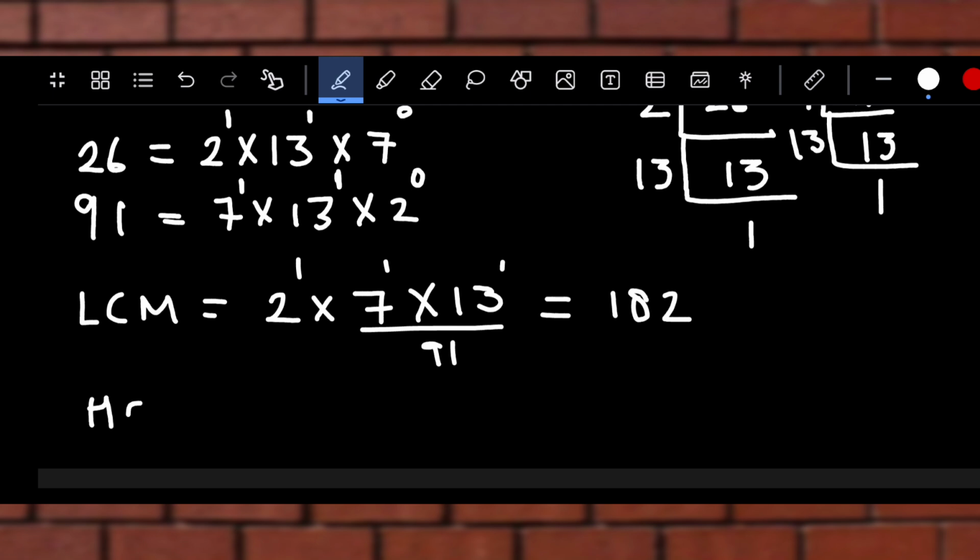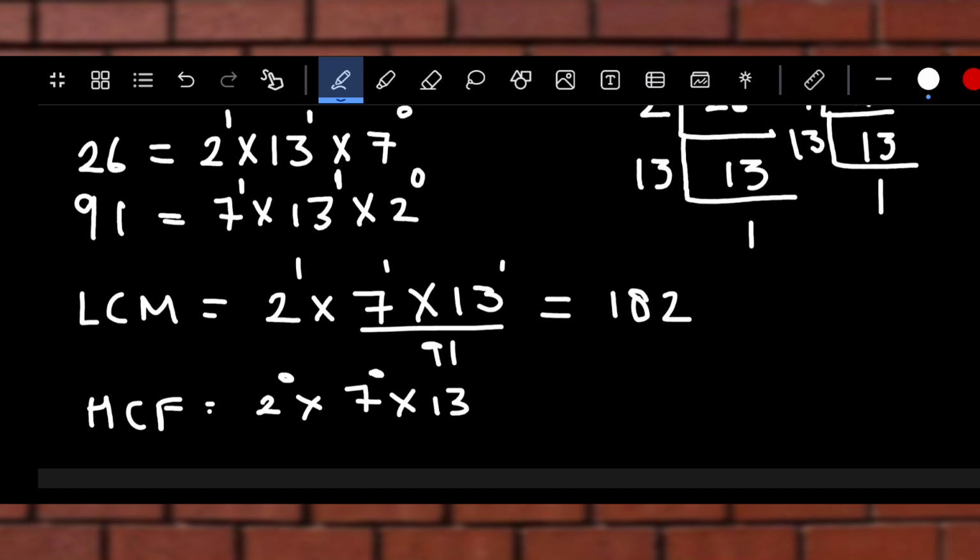Next, HCF. For HCF, I'll write all the varieties of numbers which I have, but I will write the lowest power that number has. 2 into 7 into 13. What is the lowest power of 2? 0, right? The lowest power of 7? 0.